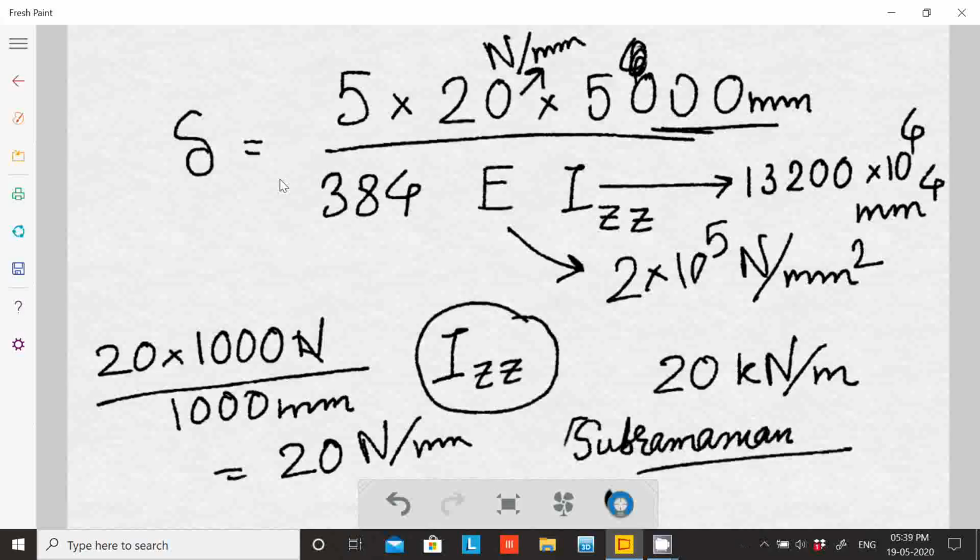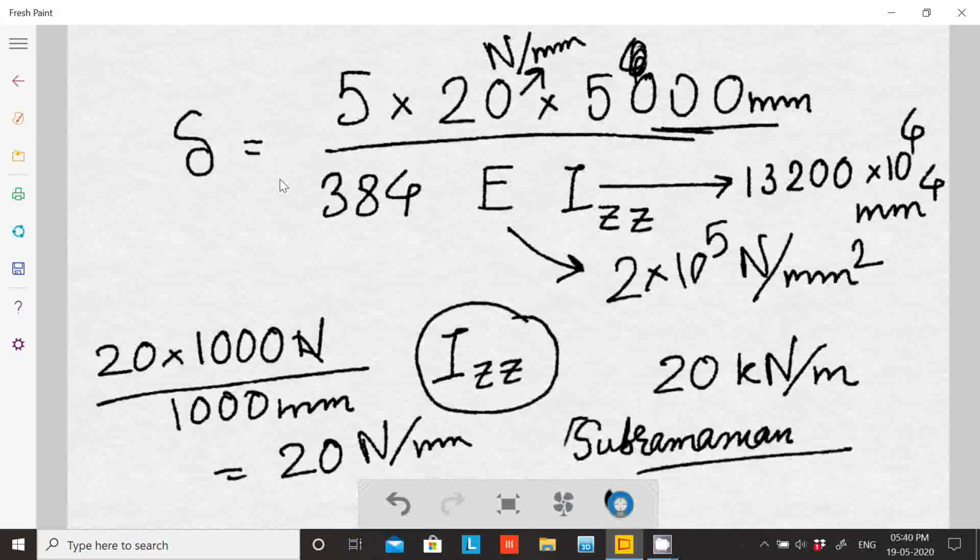So the values in the problems of Subramanian may differ a little bit from the steel table, because when he was writing the problems, he might have used the steel table of some other version. So don't worry, don't get confused by looking at the problems. You should always stick to one updated version.